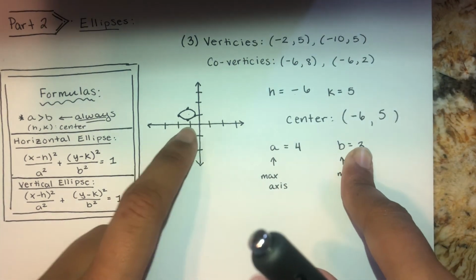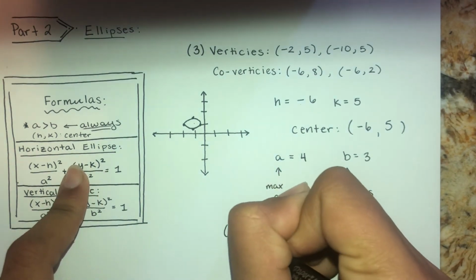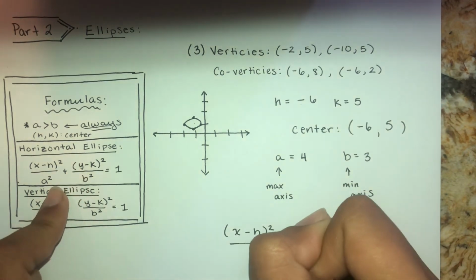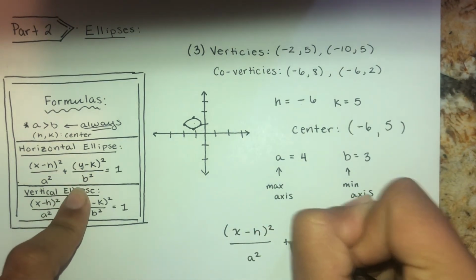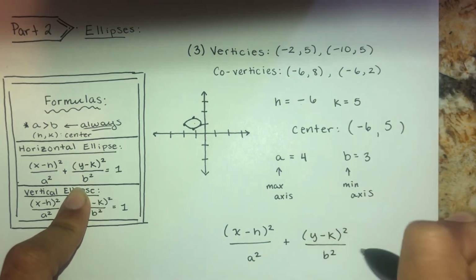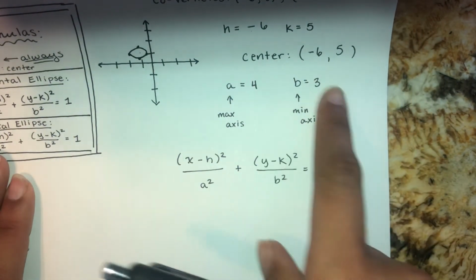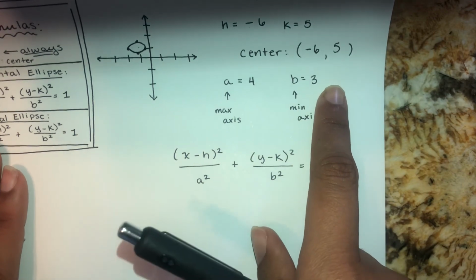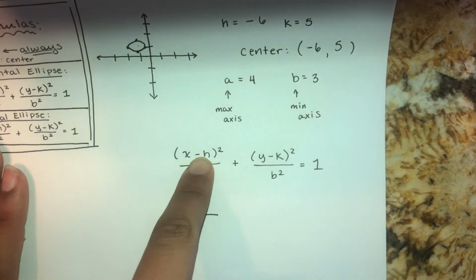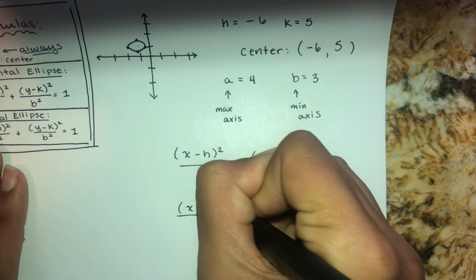All right, since this is a horizontal ellipse, this is the equation we're using. (x minus h) squared over a squared plus (y minus k) squared over b squared is equal to 1. When you lay your information out like this, it should just be really easy to plug stuff in. Instead of x minus h, you do x minus -6, which is just x plus 6.